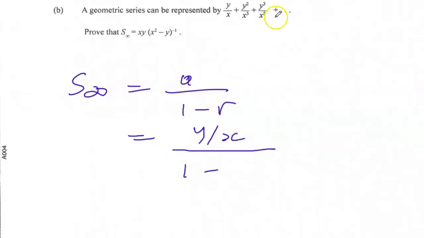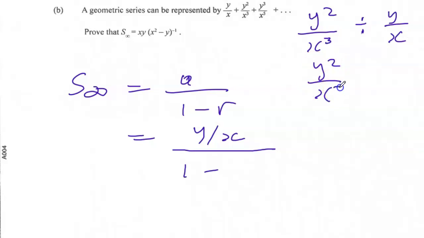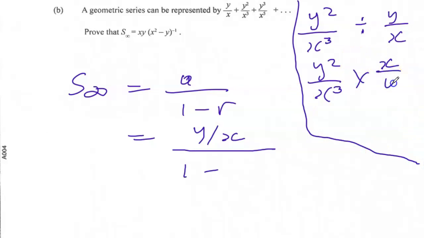So we need the common ratio. Now, how do we get the common ratio? We can divide the second term by the first term. So to get the common ratio, we can say y squared upon x cubed divided by the preceding term, which is y over x. So this becomes y squared over x cubed times x over y.